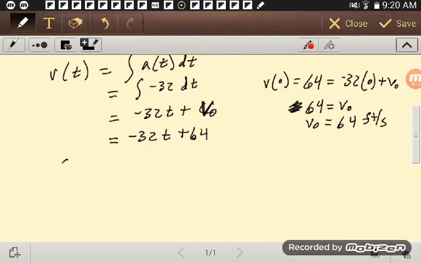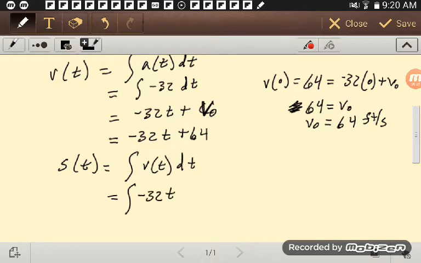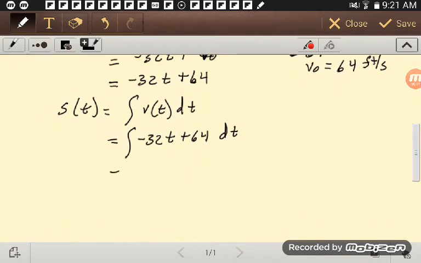Now to get s of t, I know that's just the antiderivative of v of t, because v of t was s prime of t. So that's the antiderivative of minus 32t plus 64 dt. And again, we just have a couple power rules.